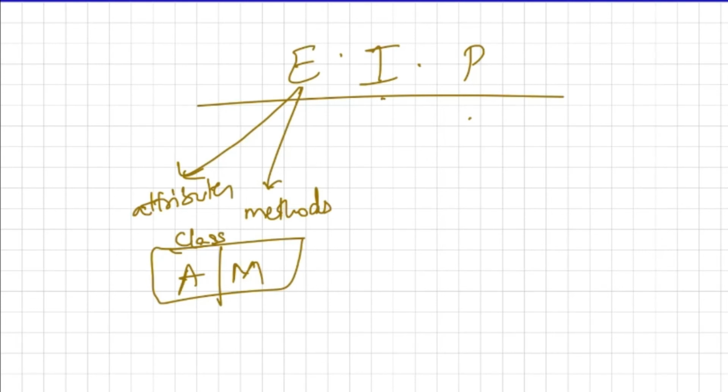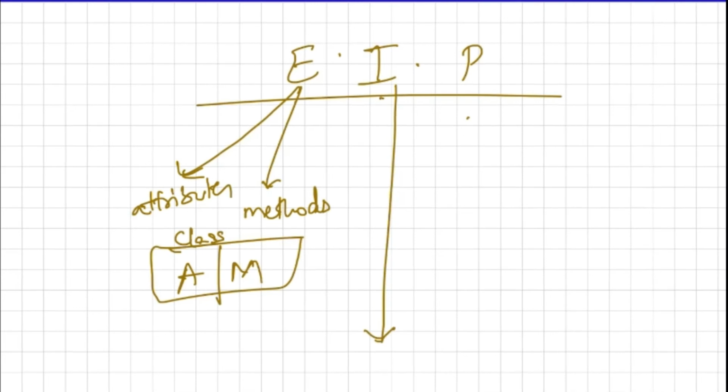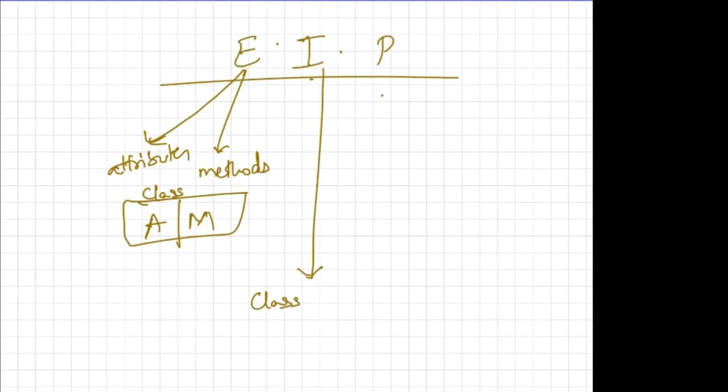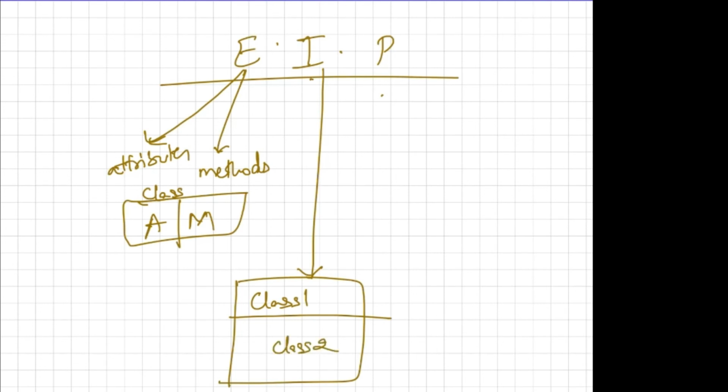And inheritance is something like you have one class, and then you have a class 2 which is inside that class. So class 2 is a subclass of class 1.